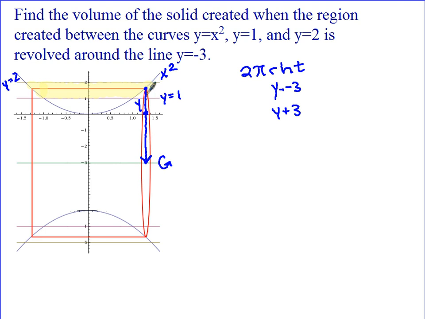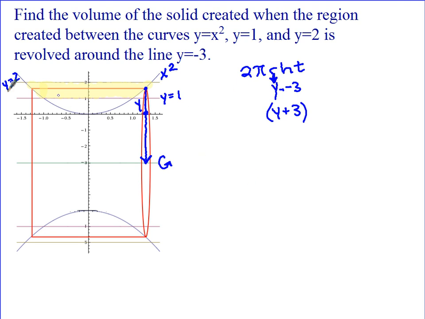So we can think of it either as y and then plus 3 more, or go from top to bottom, and we always subtract what we're going down to, and we're going down to negative 3. So subtract the negative 3, or just think of it as it's y plus 3 more. So there's our radius. Right. I don't know if you can see that's an arrow, or at least it was an arrow.